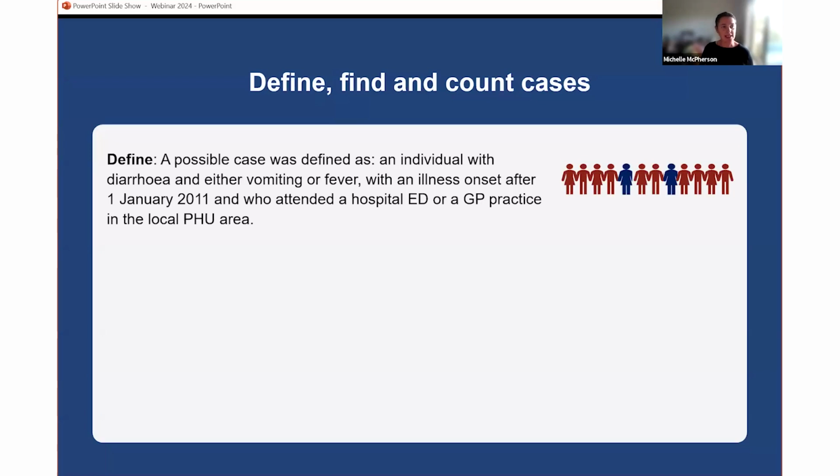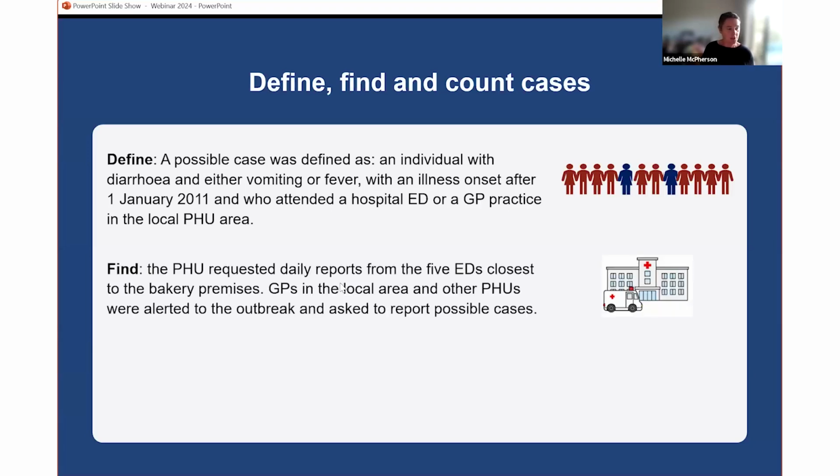Our person is an individual that fits that disease profile who attended a hospital, GP or ED. Our place is in the local public health unit and our time is after the 1st of January 2011.